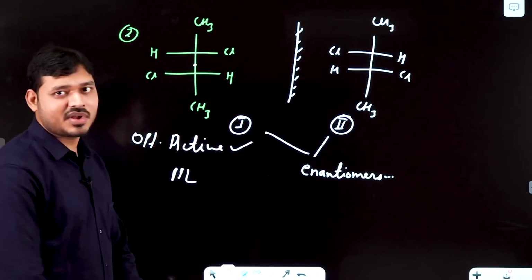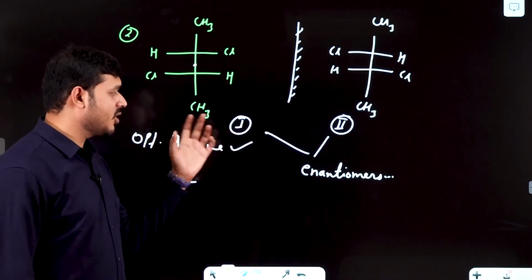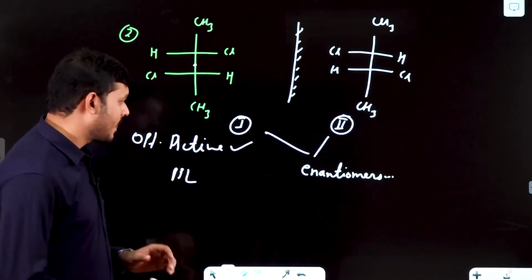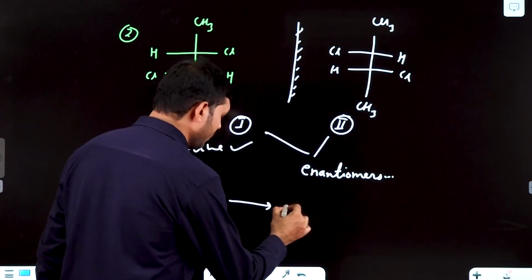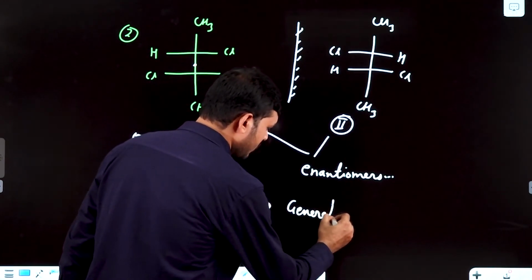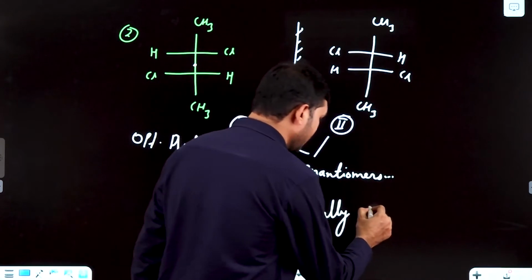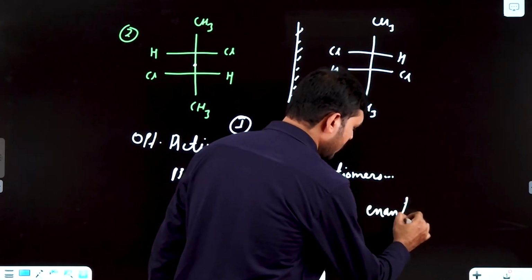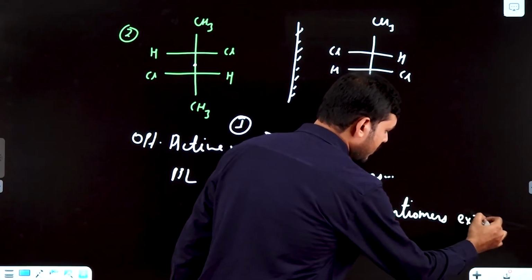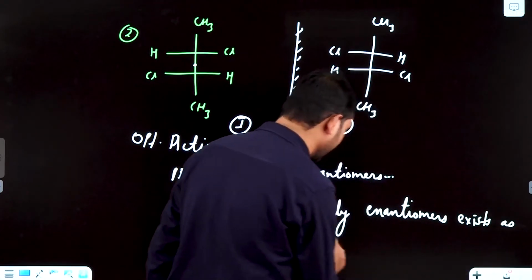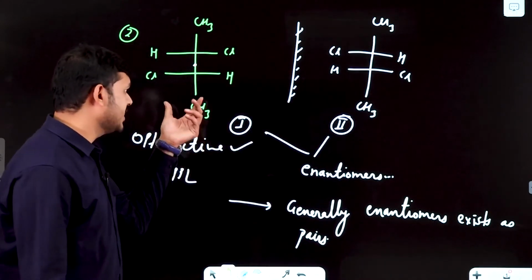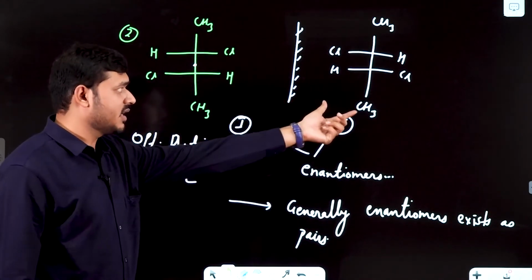are enantiomers of each other. Okay friends, so you have understood about enantiomers and you have understood about the properties of enantiomers. Generally enantiomers exist as pairs. Means if I say there will be this compound, then there will be this another compound.